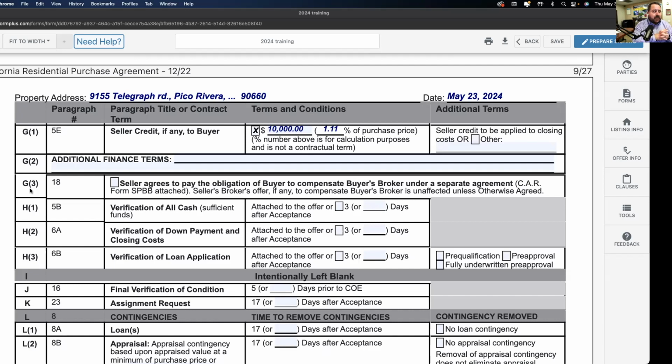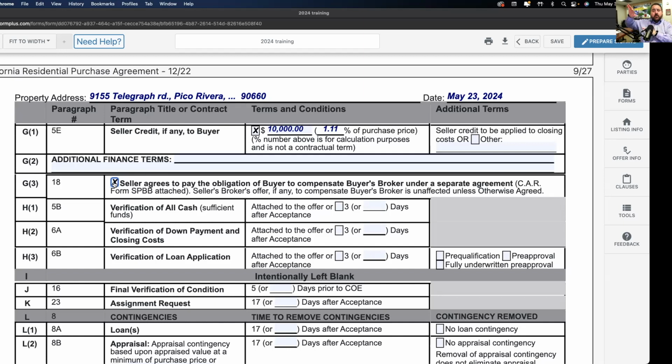And the SPBB, this section, paragraph 3G3, seems to be the most confusing for people still at this point. This section, if I wanted to check this box, the seller agrees to pay the obligation of buyer to compensate buyer's broker under a separate agreement, that's not having to do with anything with the compensation that's currently in the MLS. Okay, it has nothing to do with that.